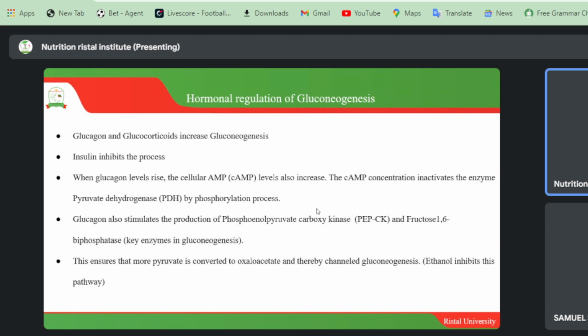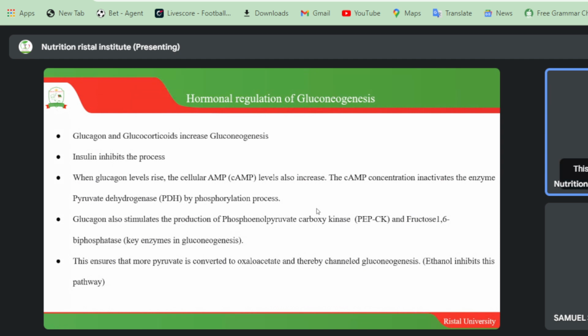meaning it's more like a dephosphorylation of the substrates that is happening there. Because during glycolysis, we have been phosphorylating most of these intermediates, adding phosphate groups. And in this reaction, when the cAMP concentration increases, the dephosphorylation process is activated. Glucagon also stimulates the production of phosphoenolpyruvate carboxykinase, that is PEP kinase, and fructose 1,6-bisphosphatase.